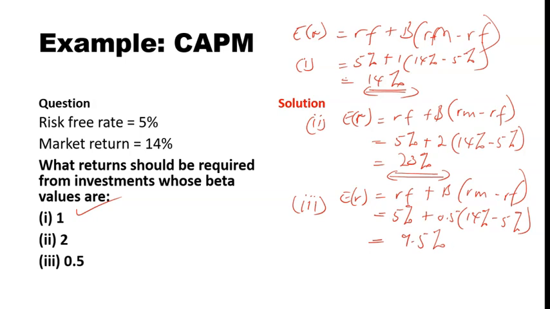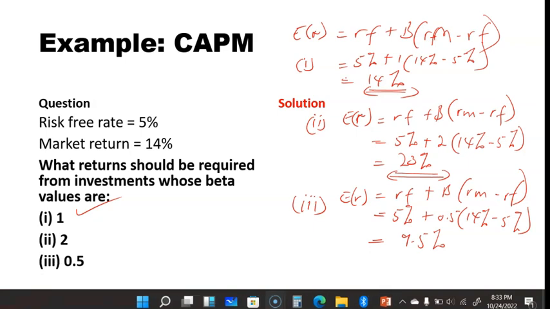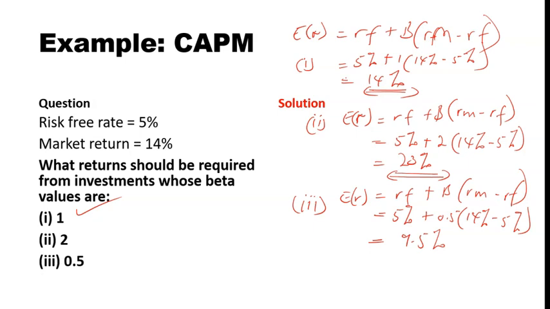So easy, isn't it? Remember, this formula is used to calculate KE, or RE. This is how KE can be written, KE or RE. It's just the same, don't be confused.